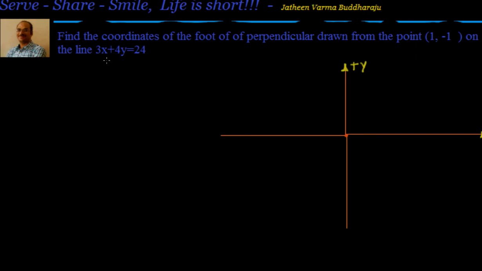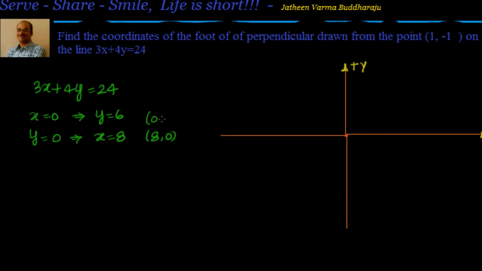So, let's first plot this line 3x plus 4y equal to 24. If I take x equal to 0, I will get y equal to 6. If I take y equal to 0, I will get x equal to 8. So two points are (8, 0) and (0, 6).